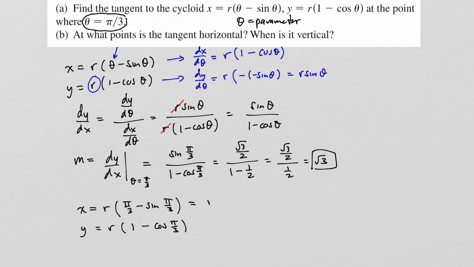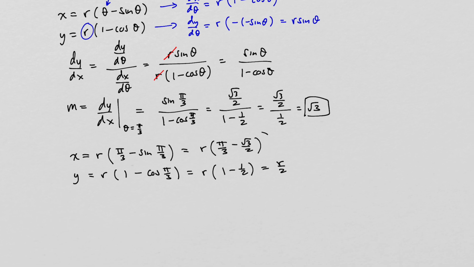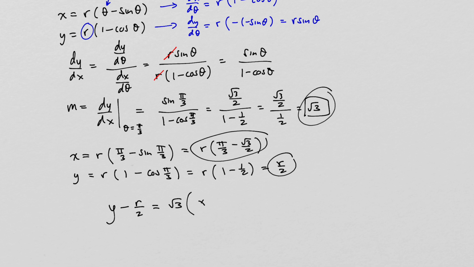And so x is equal to r times (pi over 3 minus square root of 3 over 2), and the y-coordinate is r times (1 minus 1/2), which is r over 2. And now we just take the x value and the y value and the slope, and we plug it all into the equation of a line, and that gives us this very complicated equation.